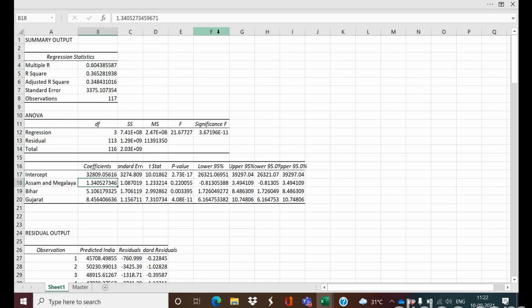So you can just simply write an equation: y is equal to 1.3a plus 5.1b plus 8.45g plus 32809.